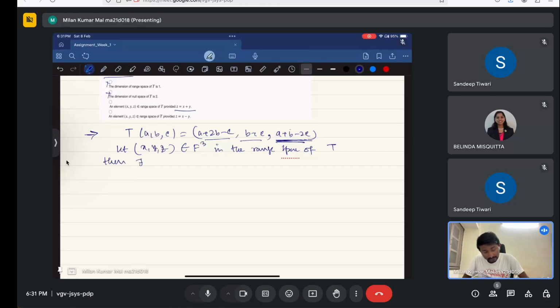Then there exist t1, t2, t3 from the field F such that t1 times (a plus 2b minus c).